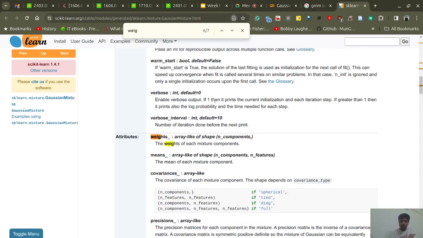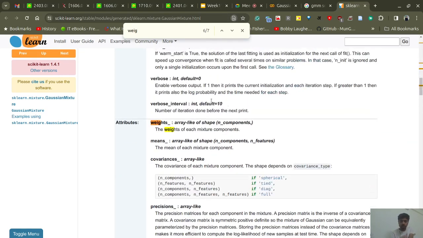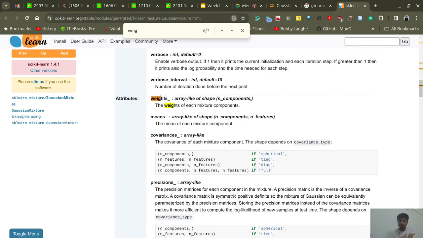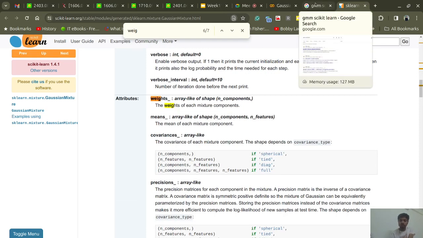These are the values that the model will provide. Weights are the weights of the mixture components.